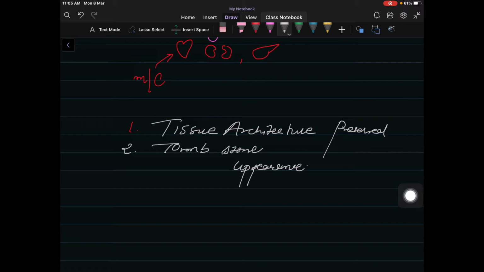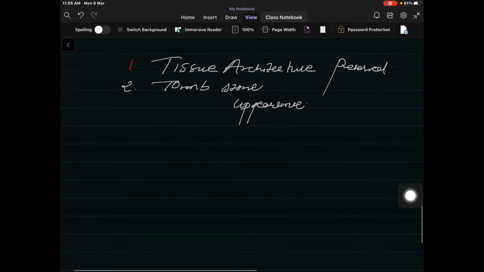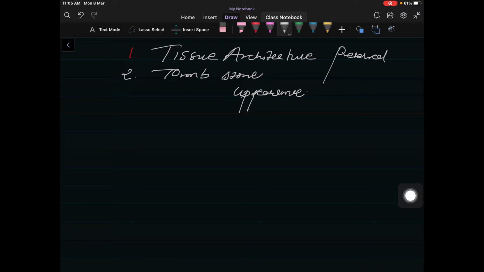So what is tombstone appearance? It will be like a ghost cell appearance. This is the outline of the cell and this is the inner material of the cell.